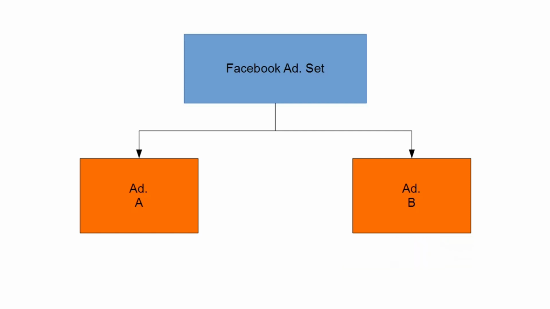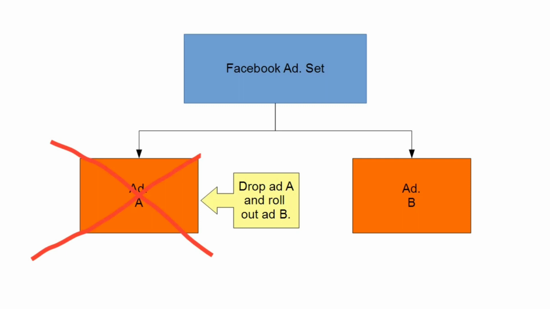Now, let's say, for the sake of argument, that when you go through all the stats, you find that ad B outperforms ad A. What you simply do is drop ad A and roll out ad B to everybody that you want to target with the ad.